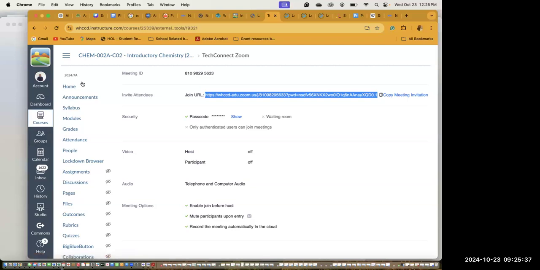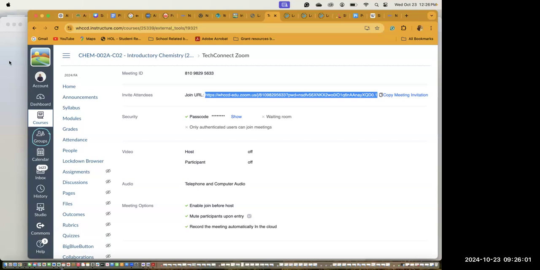So if you take a look on the side, you have this icon. It says groups. On mine, a lot of times on the students, it doesn't actually say groups. So you're actually going to select that to determine your groups.